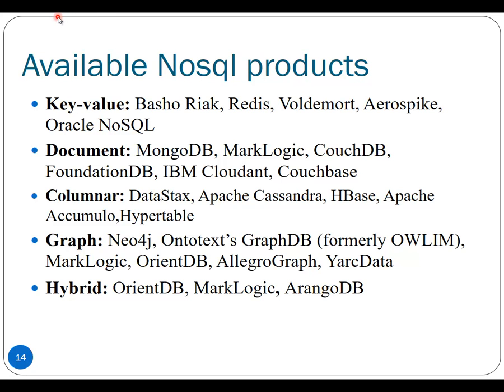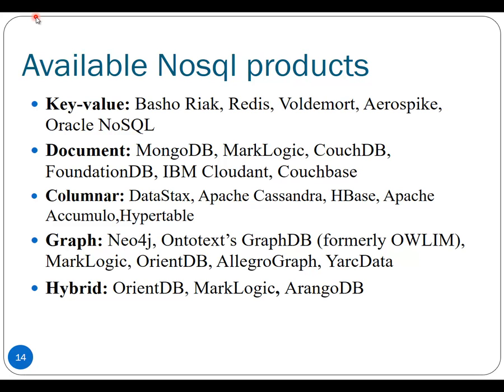Now for each of these types, I have named some of the databases that are used. For example, for key value: Riak, Redis, Voldemort, Aerospike, and Oracle NoSQL. These databases are key value NoSQL databases. For the document-based type: MongoDB, MarkLogic, CacheDB, FoundationDB, IBM Cloudant, and Couchbase.